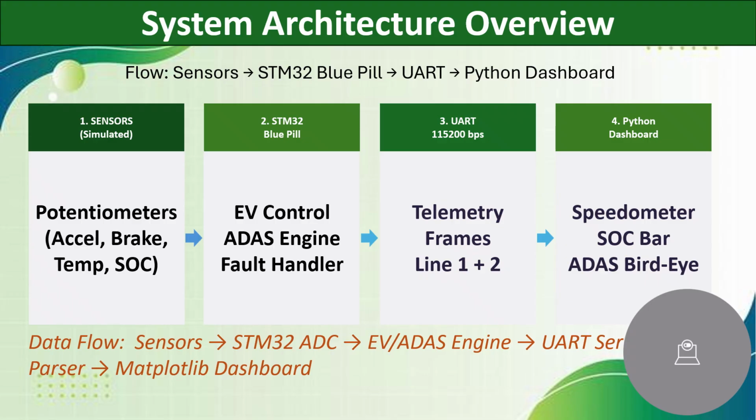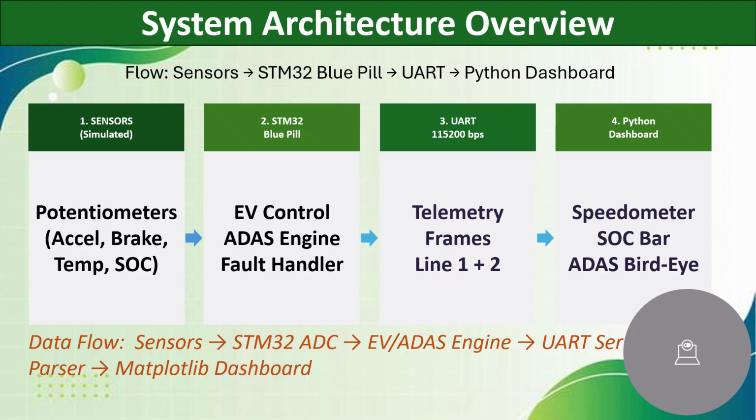And after all, we obtain the result from the Python dashboard. So this is the flow of our project. Here, what sensor we use and how we use the STM32 Blue Pill, everything is presented in slide number 2.